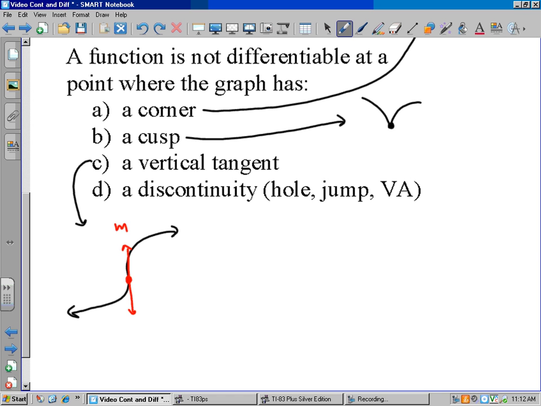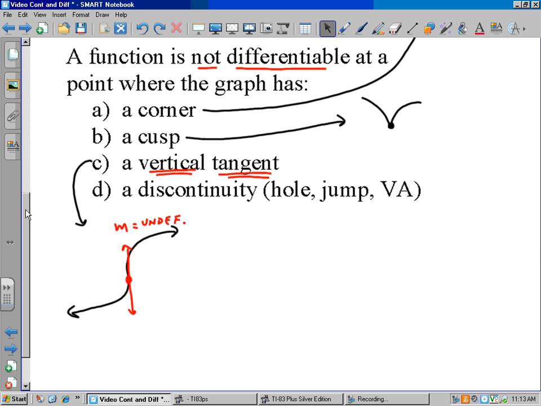You try to find the slope of that line, and it's undefined because the slope of vertical lines is undefined. If the slope is undefined, then it's not going to be differentiable because the derivative is a slope.